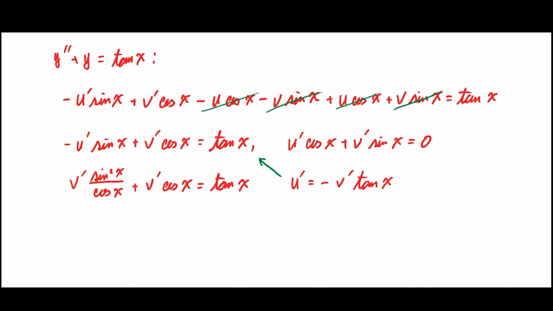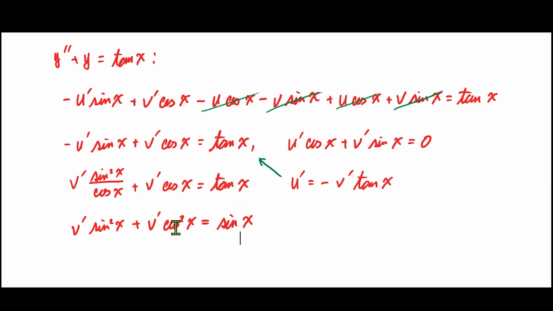Too much trick algebra? Why don't I multiply cosine x on both sides? And then I will have v prime sine squared x plus v prime cosine squared x. Ain't that convenient? What is tangent times cosine? Okay, fine. What do you have on the left-hand side?